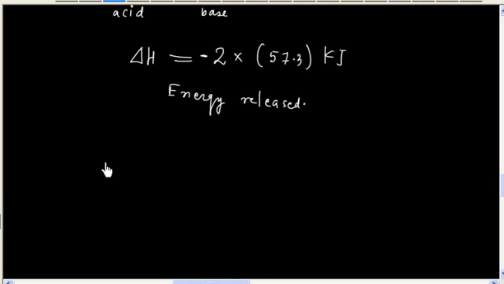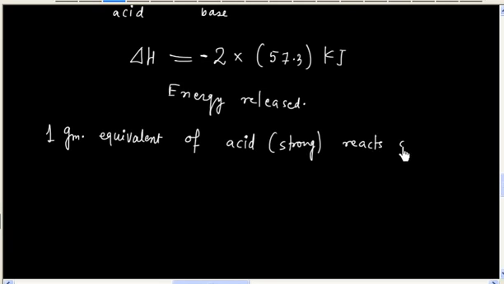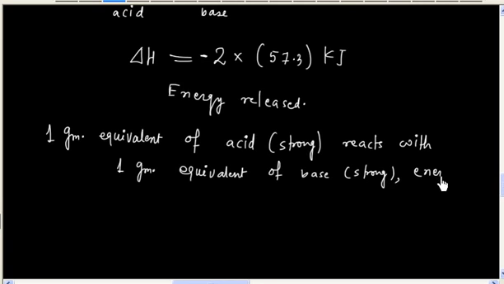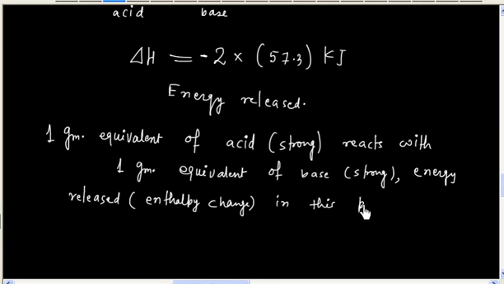So in that case we say when 1 gram equivalent of acid, and this is a strong, reacts with 1 gram equivalent of base, and this is a strong, energy released in this process, or we can say enthalpy change in this process is called heat of neutralization.